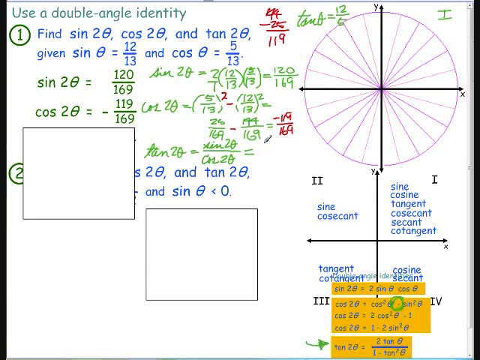Sine of double theta is 120 over 169, and cosine of double theta is negative 119 over 169. So that will simplify to 120 over 119, and the sign of that will be negative. So we figured all three of them.